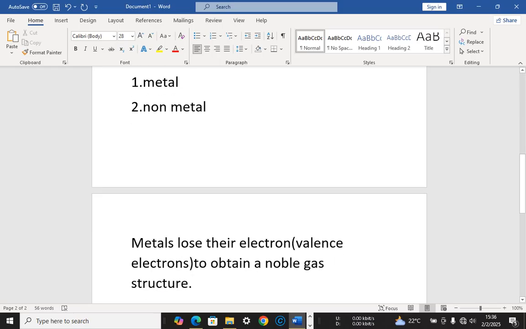In this type of bonding, metals usually lose their electrons. So what happens when metals lose electrons? Remember, when metals lose electrons, they form positive charge.